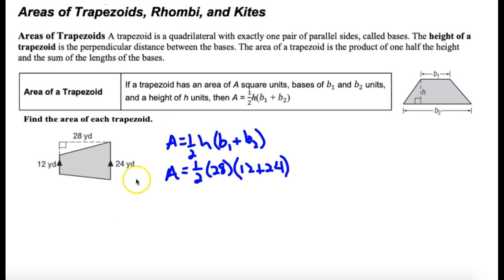So the area of this trapezoid is 504 square yards.